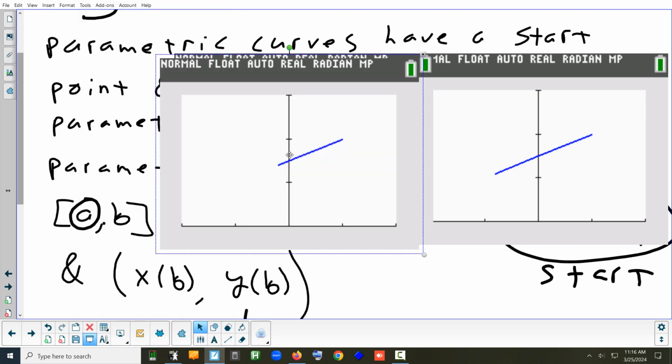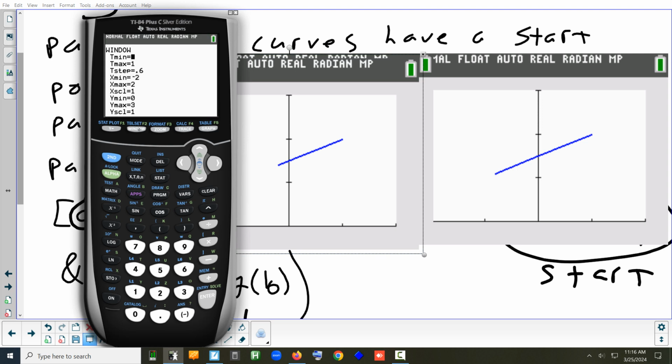So what's happening is you're missing part of the graph because you're getting a value at 0, you're getting a 0.6, and then the next one would be a 1.2, but it can't do it. So try, if you can, to pick a t-step that would land on your t-max. If it's off by like 0.01 or something, that's okay. Like if you were doing pi and 2 pi, that's going to come up a lot for t-max.